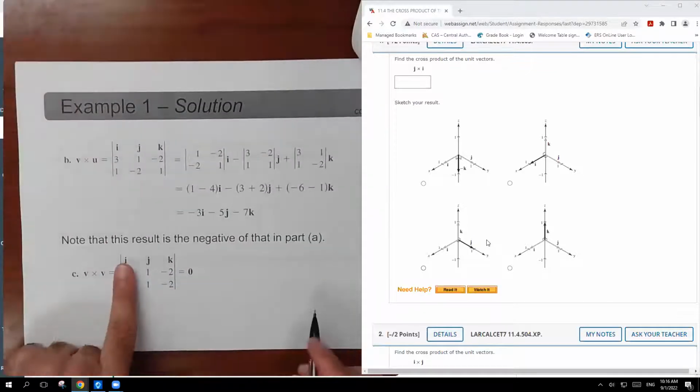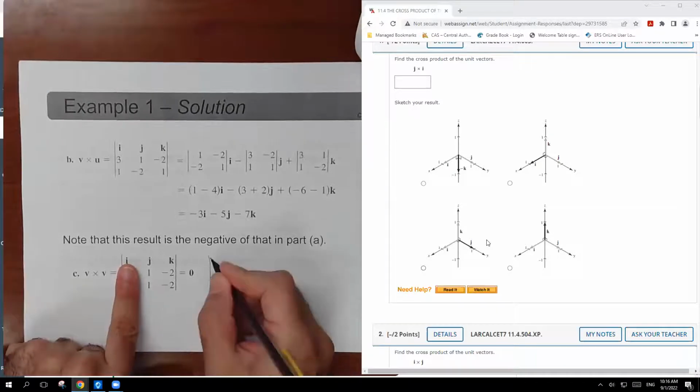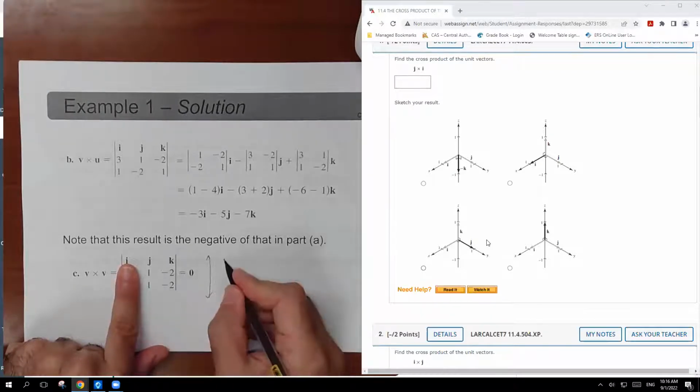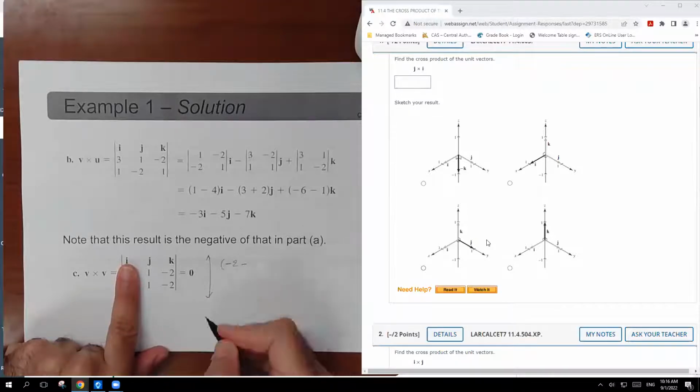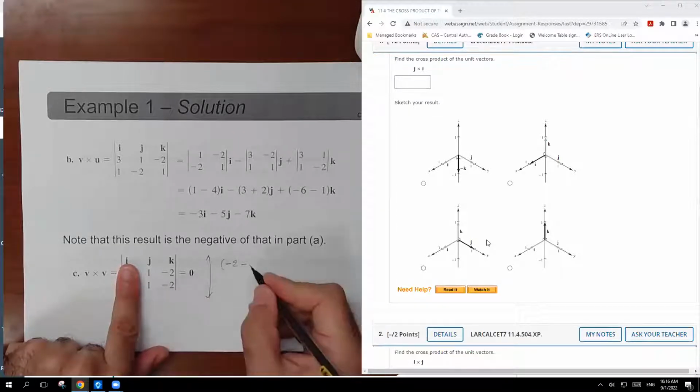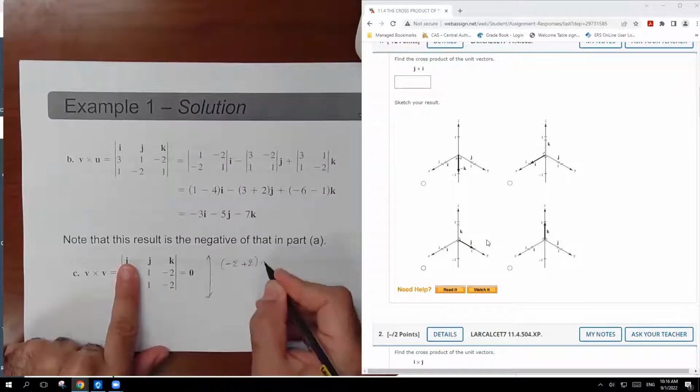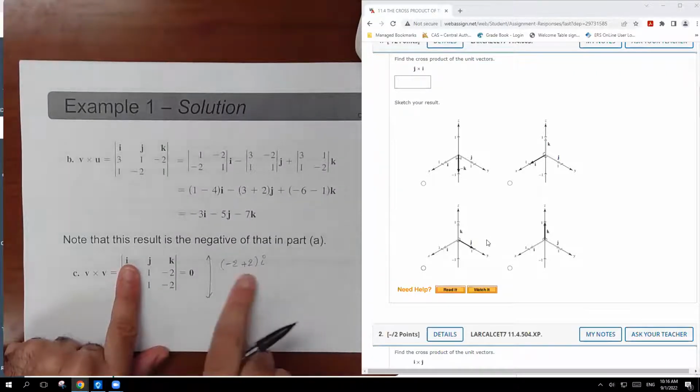For the i, I'm going to do the steps here: 1 times -2 is -2, minus -2 times 1 is -2, and there is a minus, so plus 2. This is for the i. So you see the component i is 0.